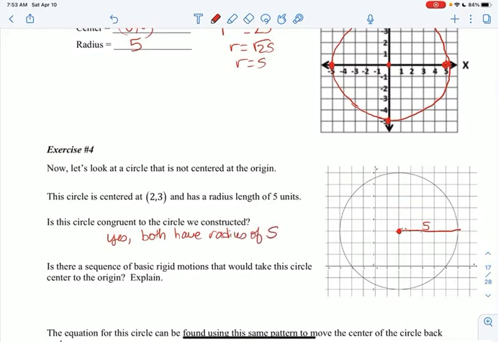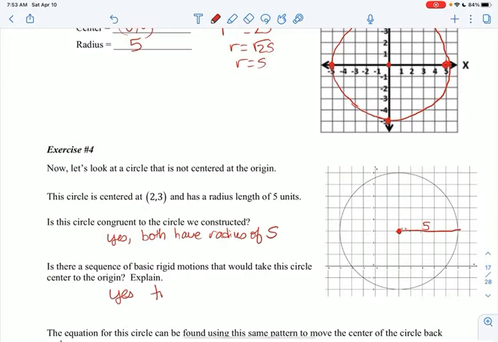Now, to be congruent, there has to be a sequence of rigid motions that maps one onto the other. So is there a sequence of basic rigid motions, either a rotation, a reflection, or a translation, that would take this circle and map it back onto the circle above that has its center at the origin? I'm not rotating it, I'm not reflecting it, I'm translating, I'm going to shift it.